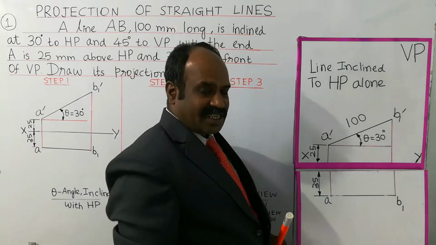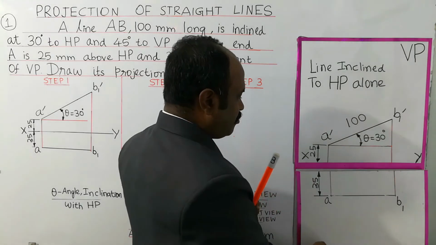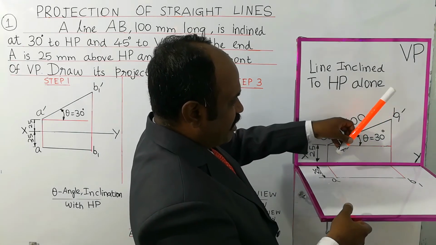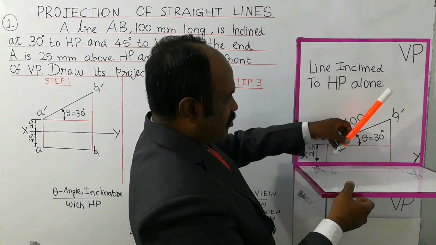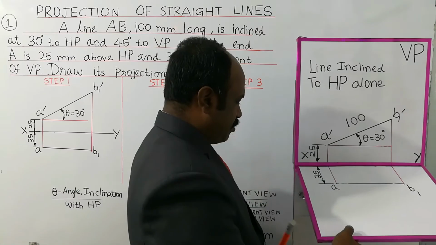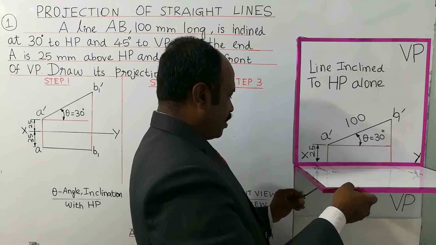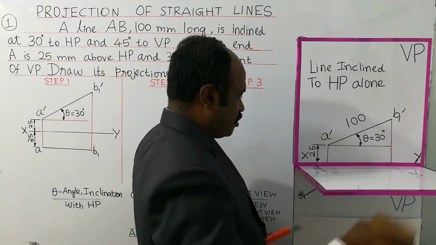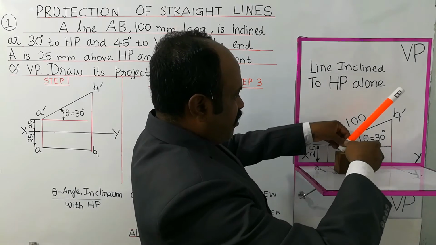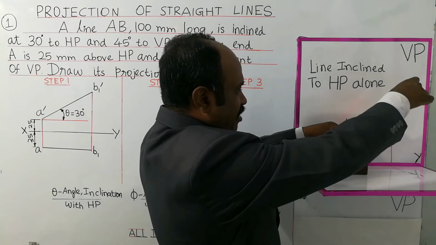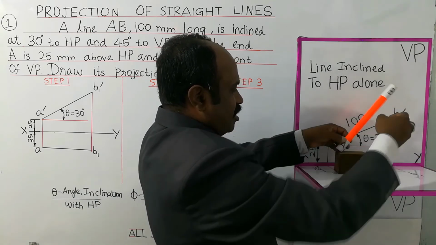Suppose the angle of inclination increases, say to 70 degree. 70 degree is greater than 30 degree. In that case, the other end point, B, may be projected on the horizontal plane, for the 70 degree angle, here.